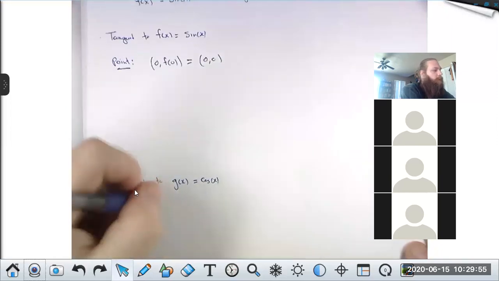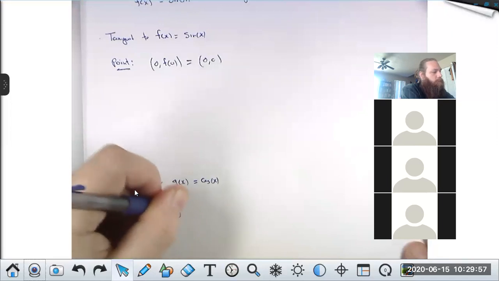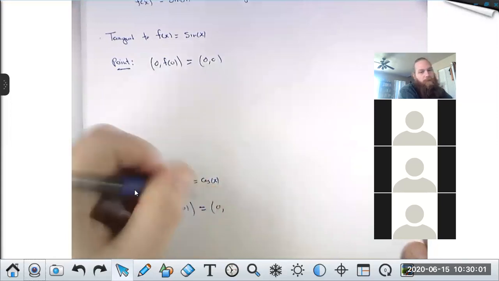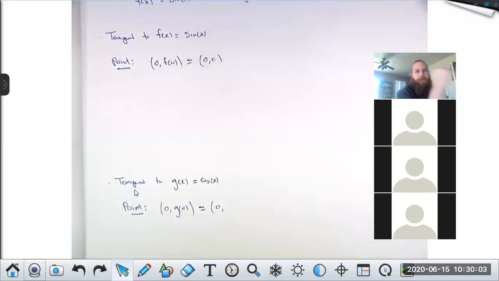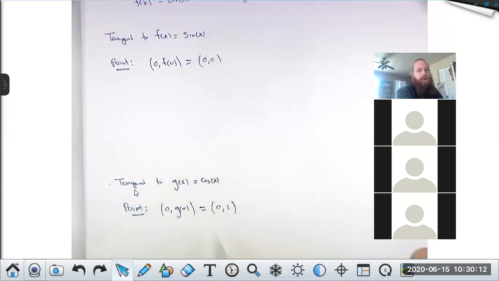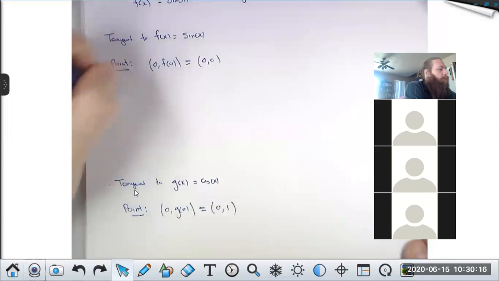The point for my second guy is going to be 0, comma g of 0. What is g of 0? What is the cosine of 0? Anybody help? 1, yeah, so the point of tangency for the second function is going to be 0, comma 1. All right, let's find our slopes.